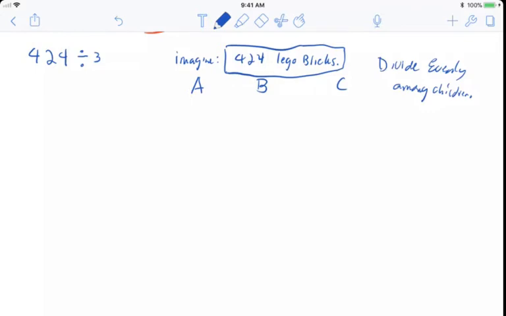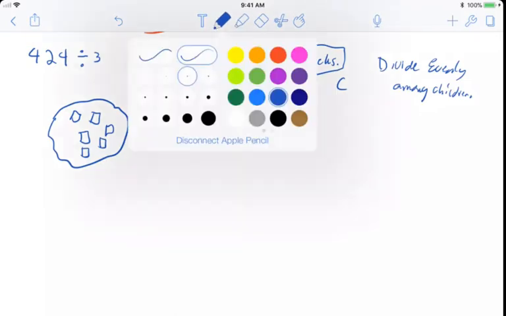This is why we call it division. We're splitting something up. Well, here's my pile of Lego bricks. It's a big pile. It's got lots and lots of bricks in it. The easiest way to divide this among them is to just do it the old-fashioned cowboy way.